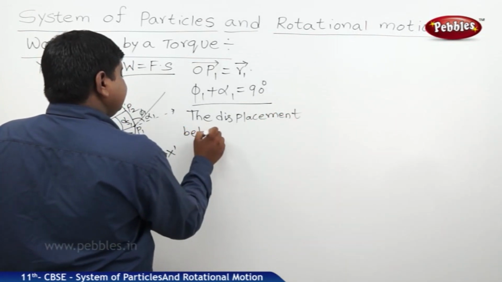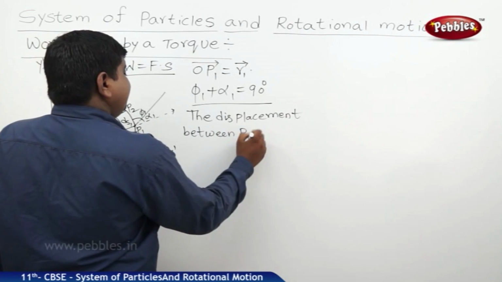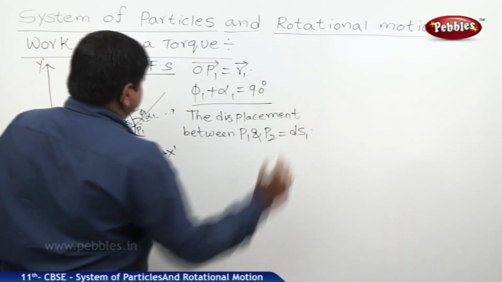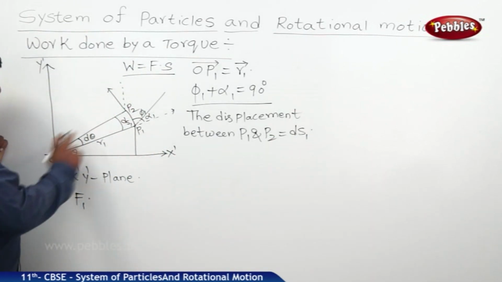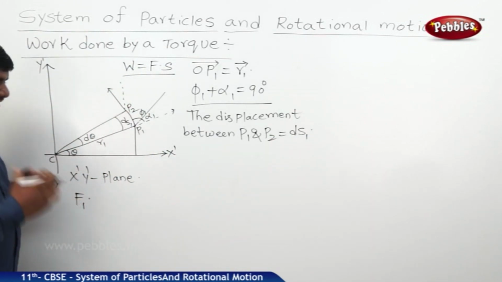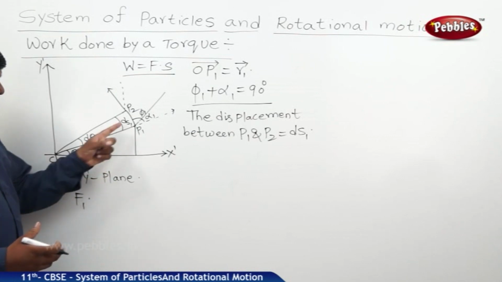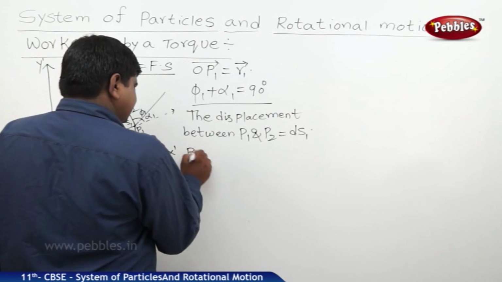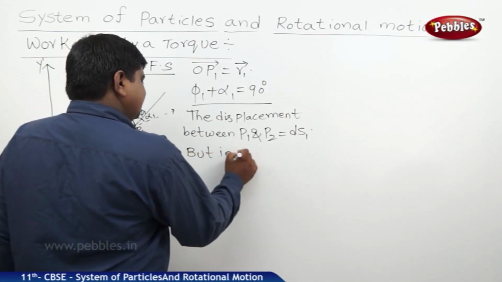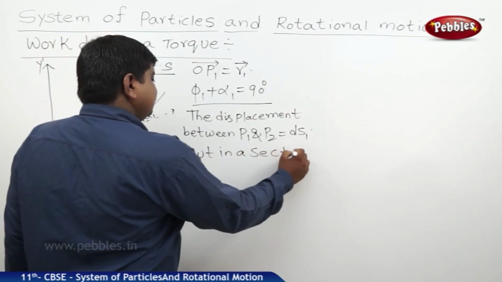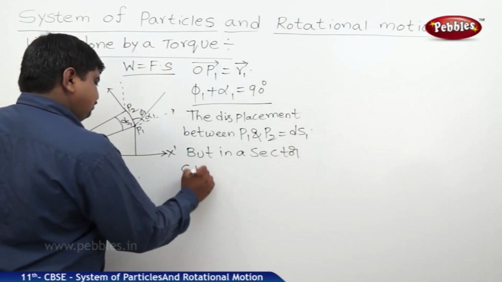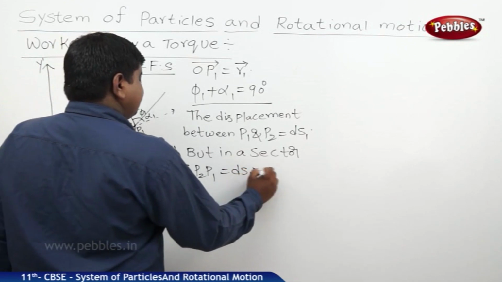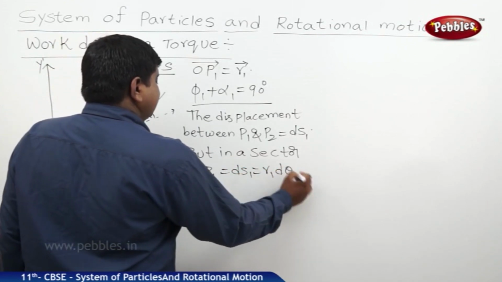If you consider C P2 P1 as a sector of the circle, this ds1 we can write as r1 d theta. So in the sector C P2 P1, ds1 is equal to r1 d theta.